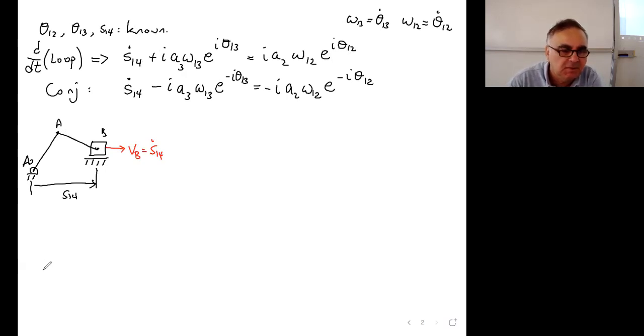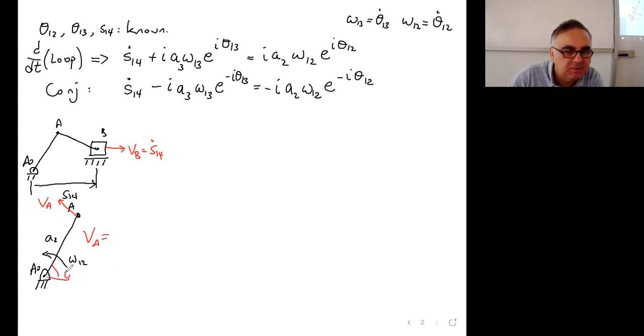If you had a fixed thing like here, let's say this is A0, this is A, and this distance is A2. And if you are rotating this with omega 1 2, you would know that the velocity of point A, VA, would be, well, if this is theta 1 2, exactly this thing.